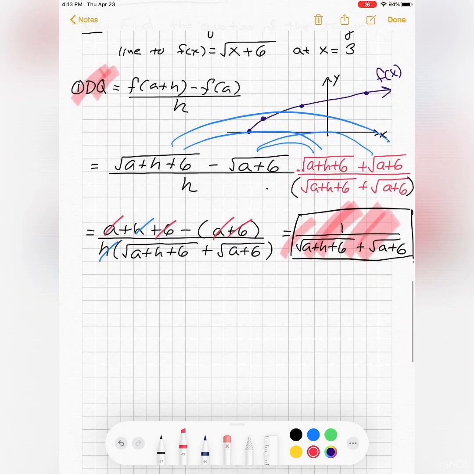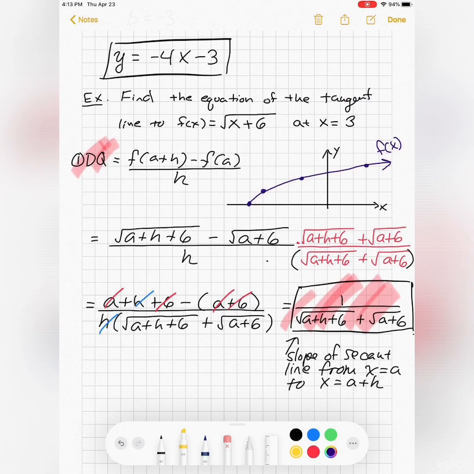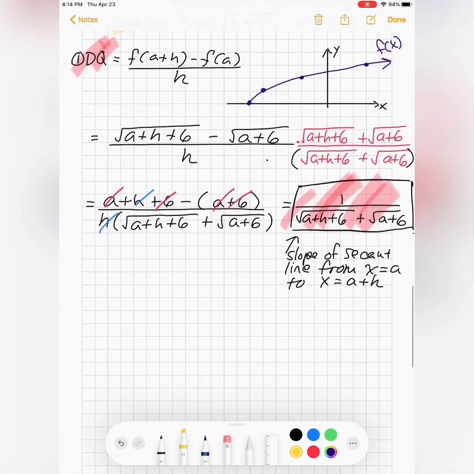Okay, so remember what information that gives me. This gives me the slope of the secant line to this root function from a to a plus h. Okay, so then I have to continue because what I wanted was the equation of the tangent line, not the secant line.